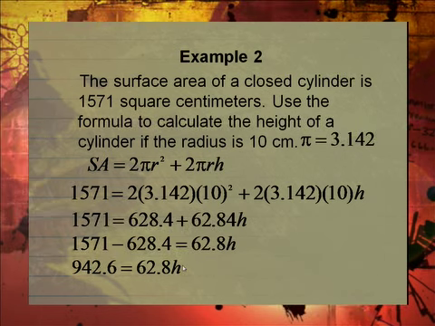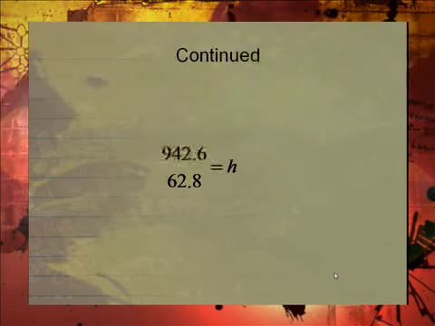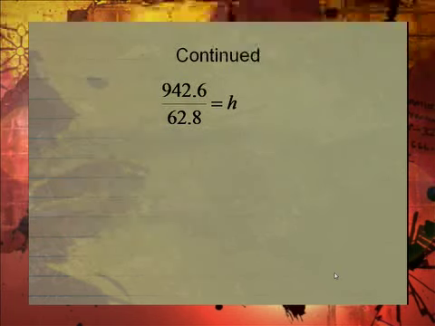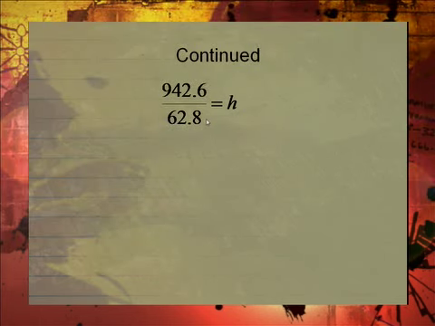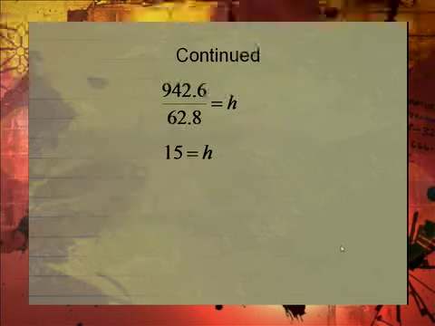Now, how to get rid of the 62.8? Then we need h by itself. Have a look. This number was on the left. I divided by the number that multiplied h, which we call the coefficient of h, which is 62.8. Then put it on the calculator, surely your final answer will be 15.